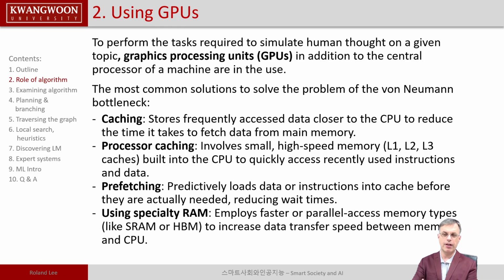Many methods are available to provide such processing power, but a common one is to use a graphics processing unit, so GPUs, in addition to the central processing unit of a machine. So here we will describe and address the GPU issues.